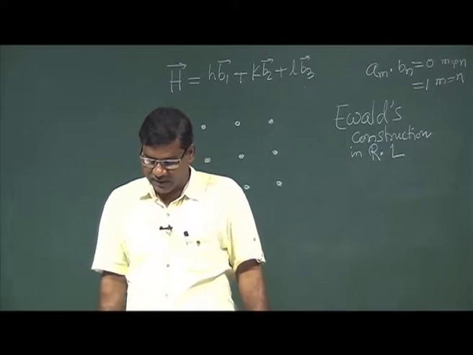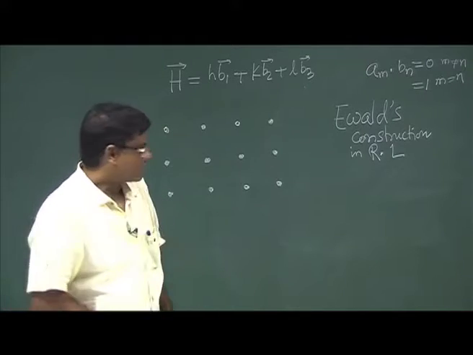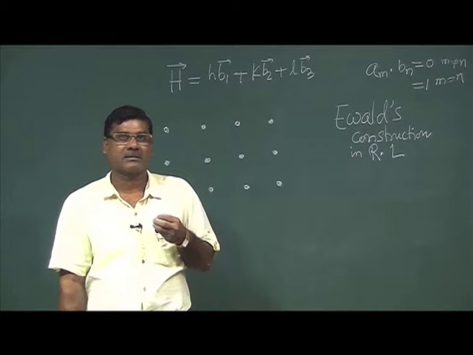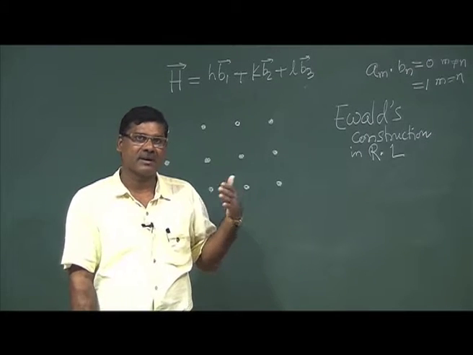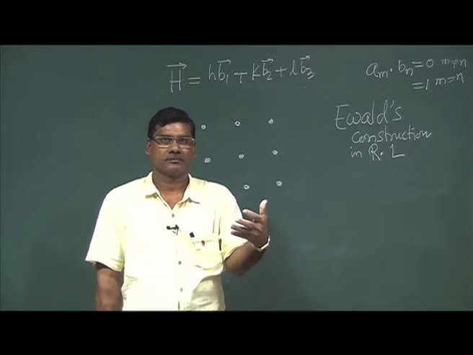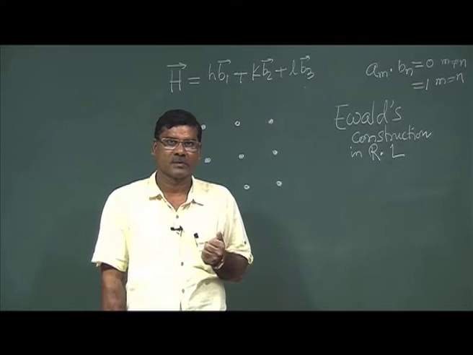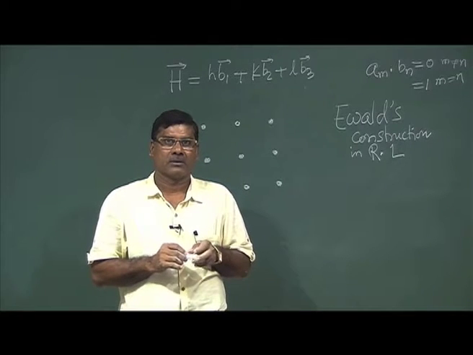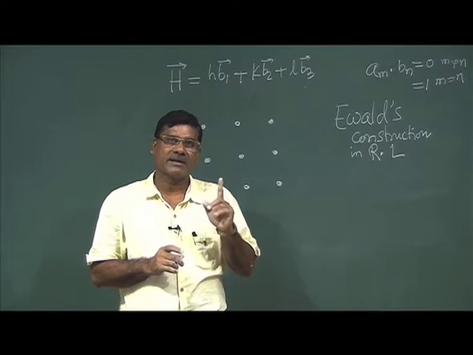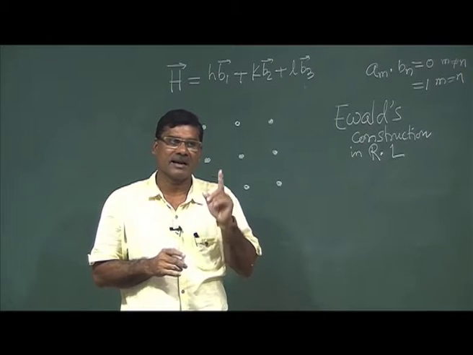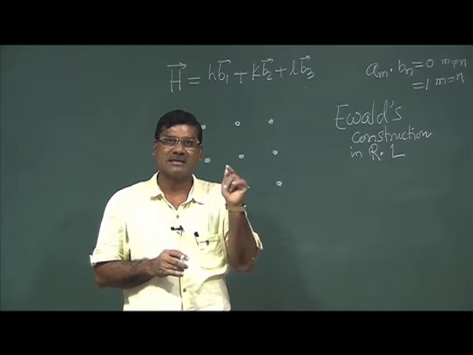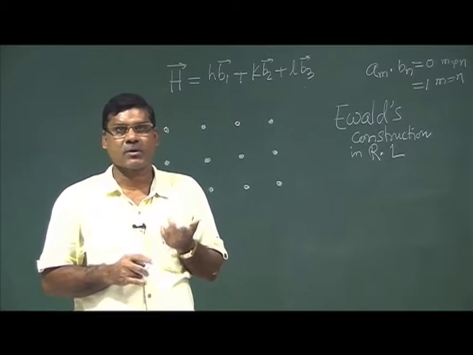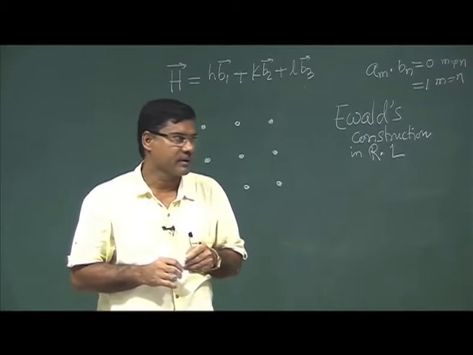So what is that? One has to remember that the reciprocal lattice is nothing but the diffraction spots, a collection of the diffraction spots. So it is related to the wavelength, to the incident X-ray and its direction and its magnitude, its wavelength.